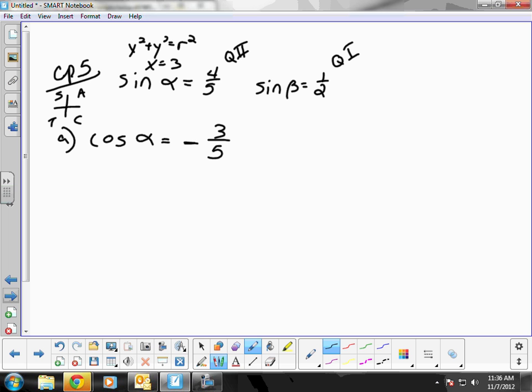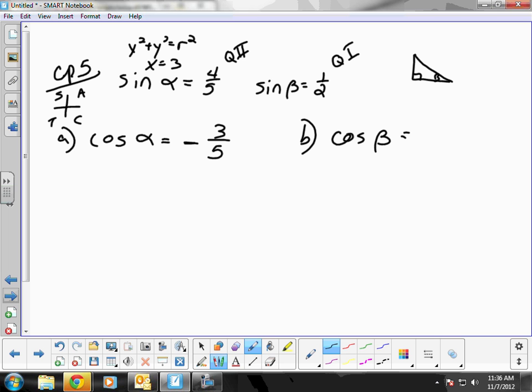And then in part B, what do you expect they want us to find? The cosine of beta. If I'm in quadrant 1, I definitely know cosine is what? Positive. This one's not as easy, so I'm going to have to draw my little right triangle here.